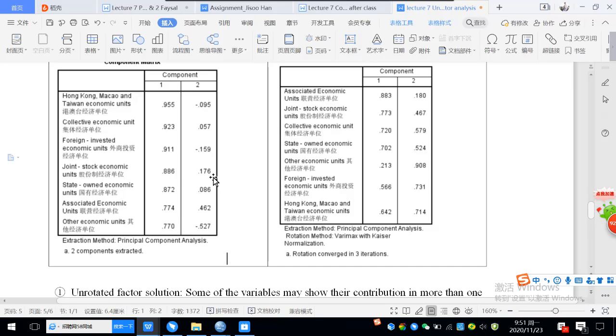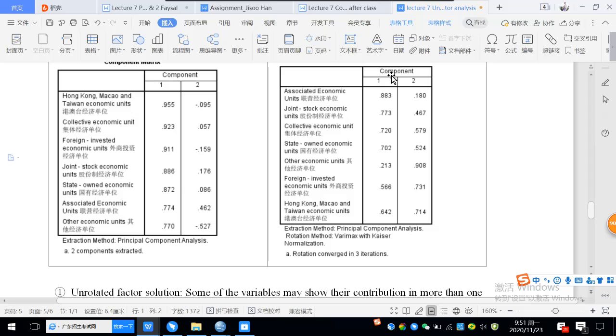Okay, so it's hard to name the 2 factors. So we need to rotate. After rotate, here is the component matrix after rotate.